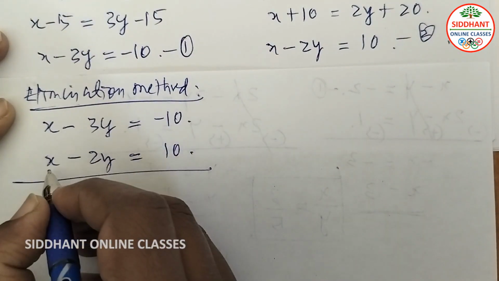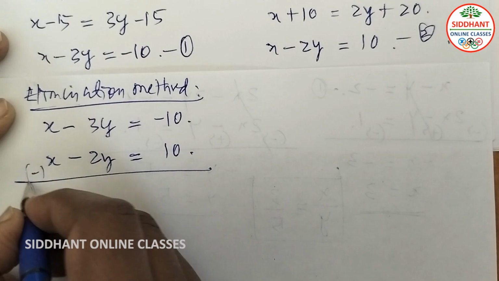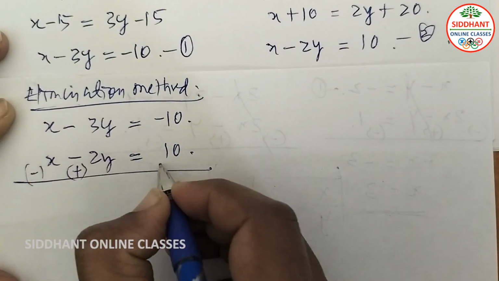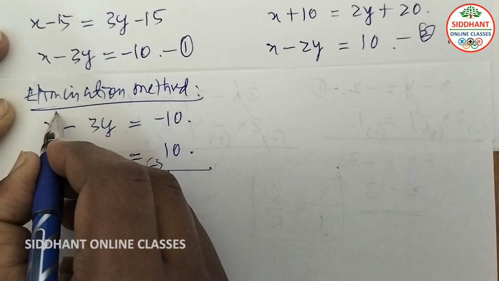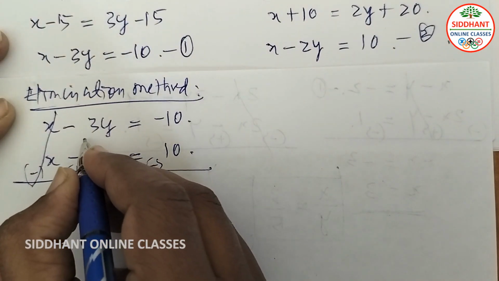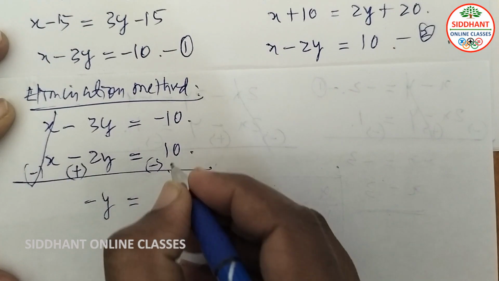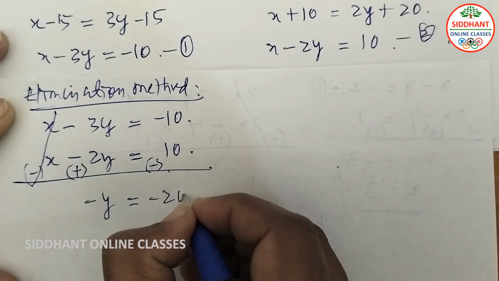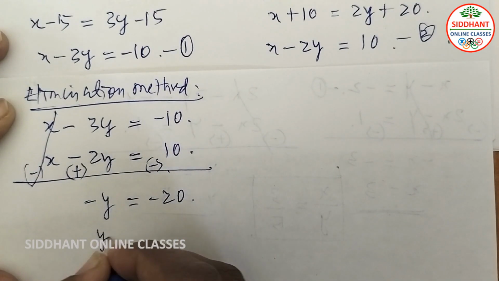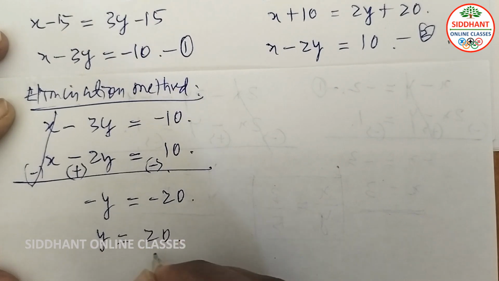Now we are going to cancel x value by changing the signs, here minus, here plus, here minus. So x cancel, minus 3y plus 2y, that means minus y equal to minus 10, which will be minus 20 here, and y equal to 20 here.